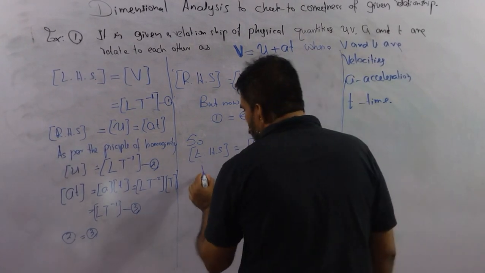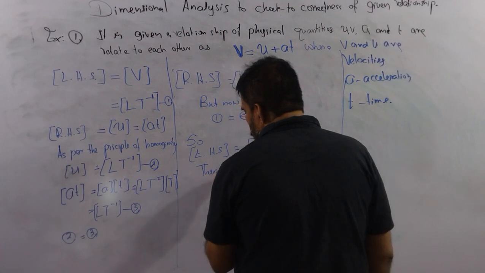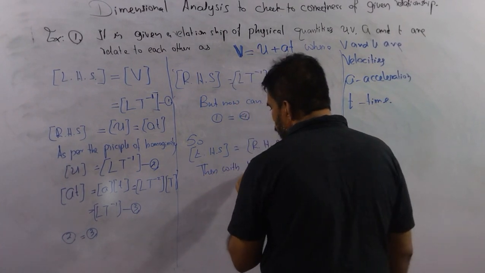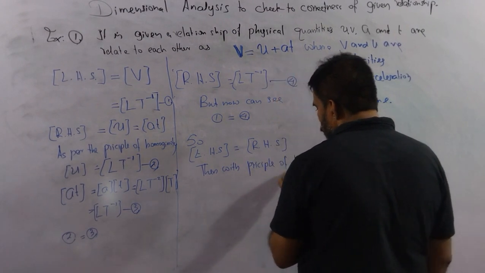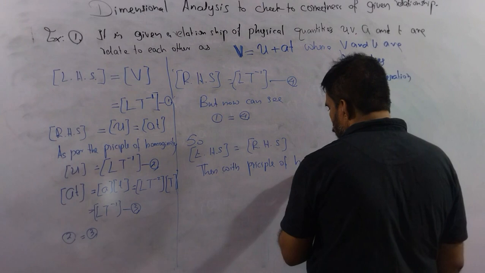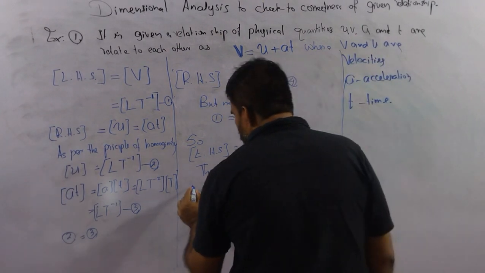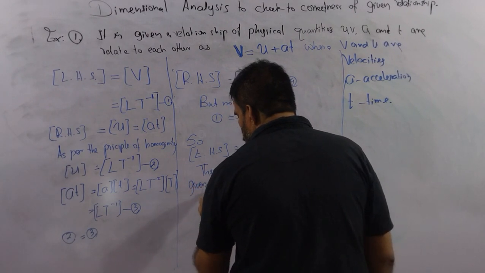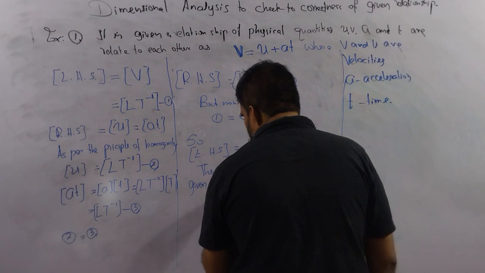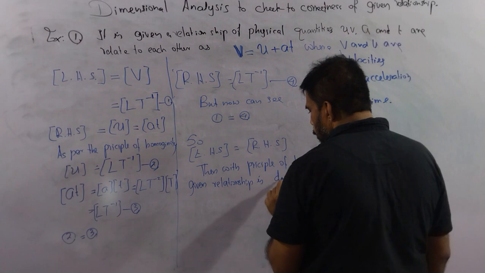Then, with the principle of homogeneity, I can say the given relationship is dimensionally correct.